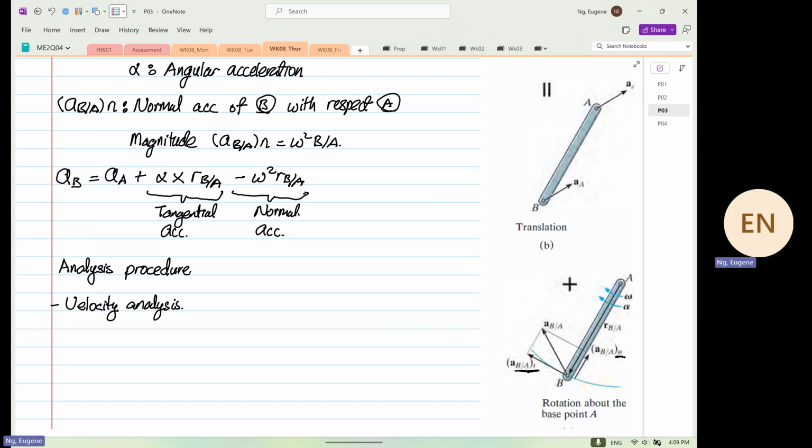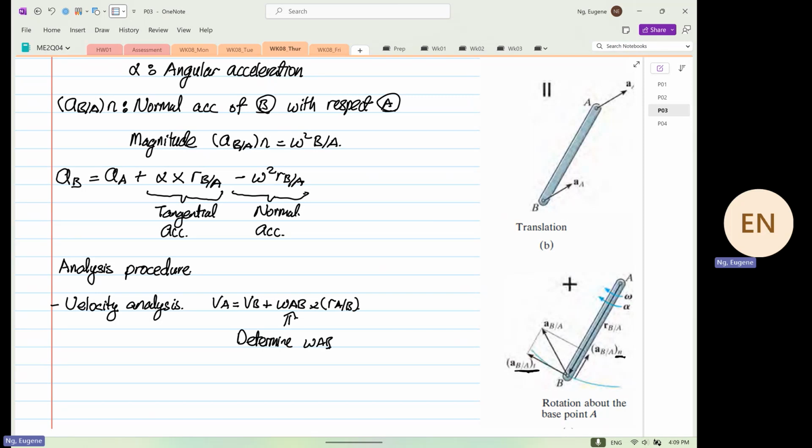So when we carry out velocity analysis, we are basically going to apply V_A is equal to V_B plus omega_AB cross R_A from point B. Why do we need to use this? Because we have to determine omega_AB first, for example.